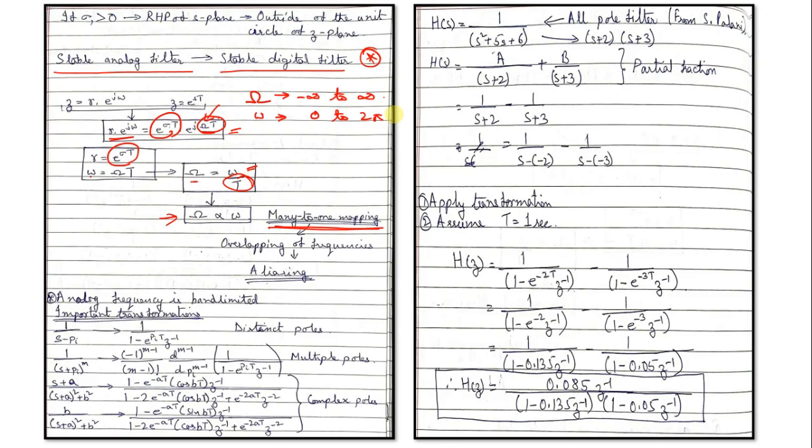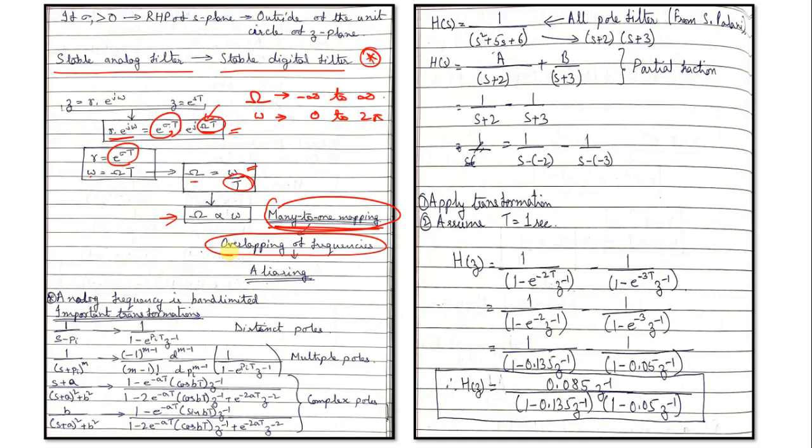So that means in the unit circle, one particular point corresponds to multiple analog frequency components, and due to this reason we call this mapping many to one mapping. And this will lead to the overlapping of the frequency components when we design the IIR filters using the impulse invariance method.